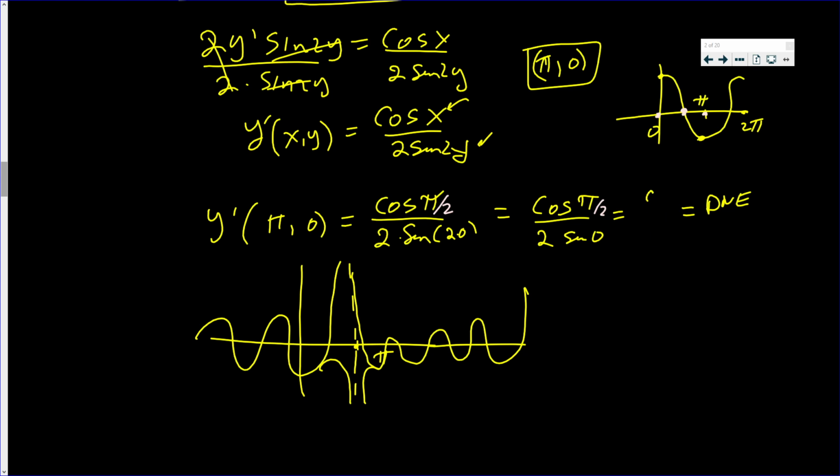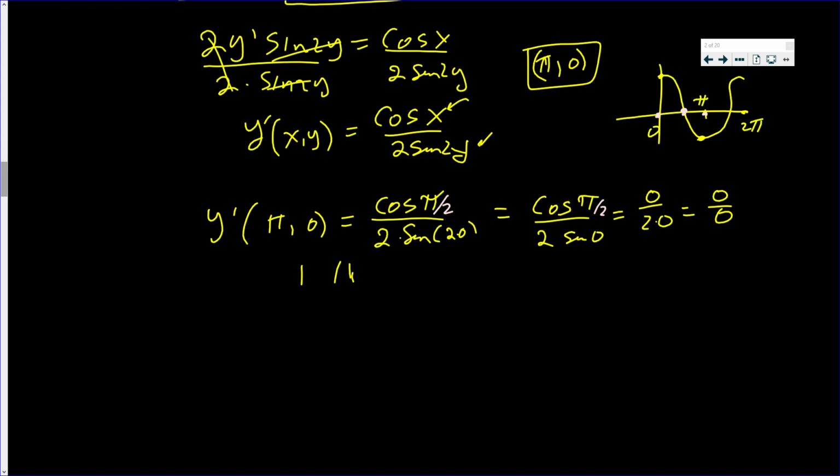So we have 0 over 2 times 0, which is 0 over 0. Wow. What does that tell us? Well, again, I'm concerned, let me just clean this up, pi over 2. I'm concerned that it's even defined here.